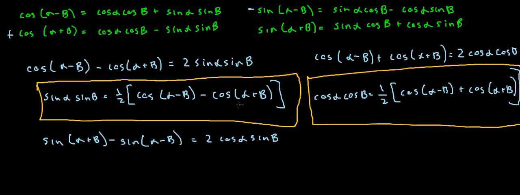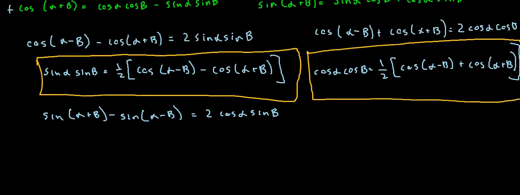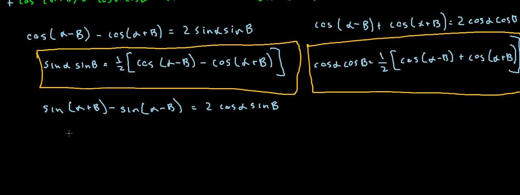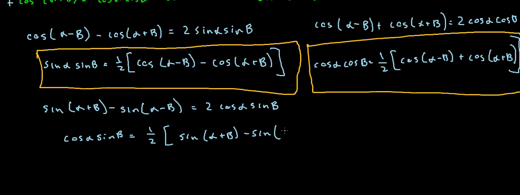And then it's just another division by 2. Real simple. I could have added these if I wanted to, but it really doesn't matter. It all amounts to the same thing.